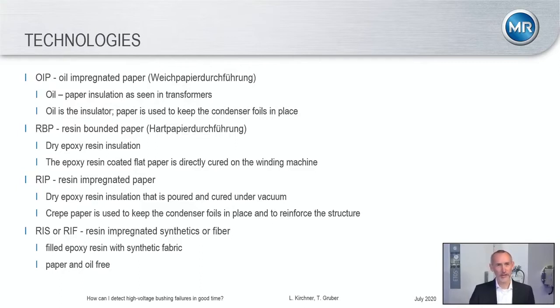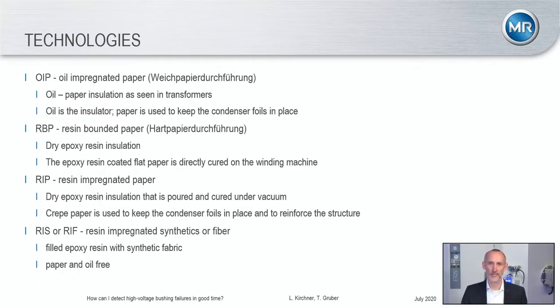If we talk about oil impregnated bushings, it's to be mentioned that you usually cannot put them flat to the ground, because you have a condenser core and you have oil, and if the condenser core is exposed to air, and that usually happens if you lay it flat down to the ground, you get air inside the condenser core, and that would lead to partial discharge if you put it on the transformer, and that can destroy your bushing.